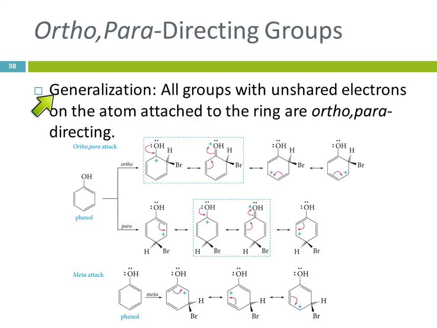So the generalization is that groups with unshared electrons on the atom that's attached to the ring are ortho-para directing because they stabilize the cation.